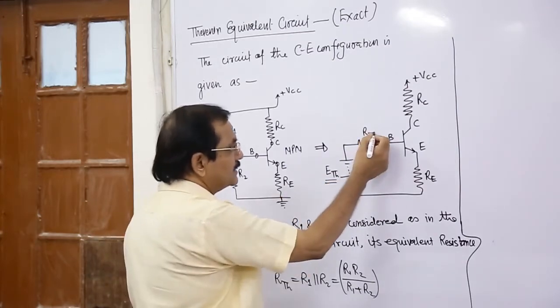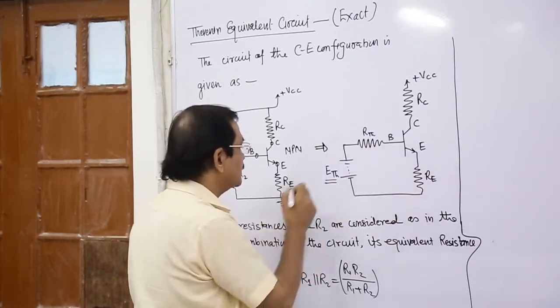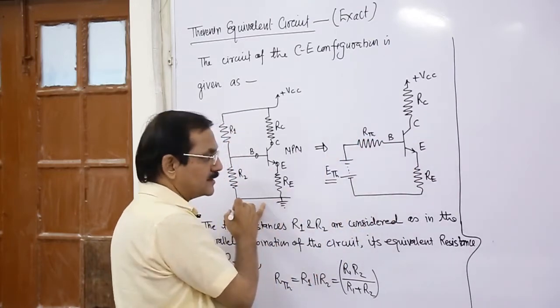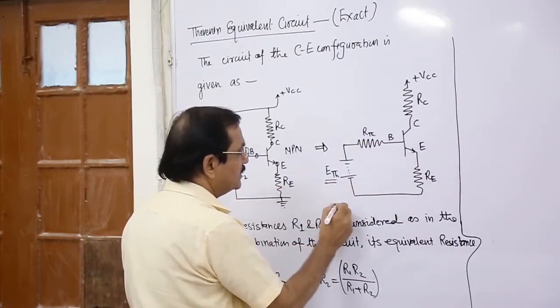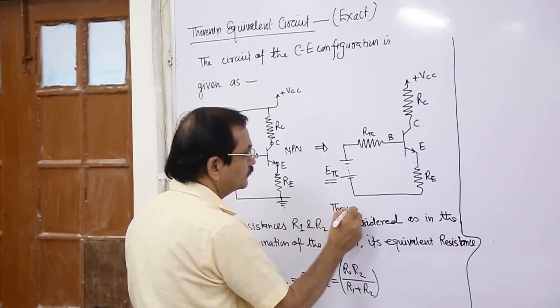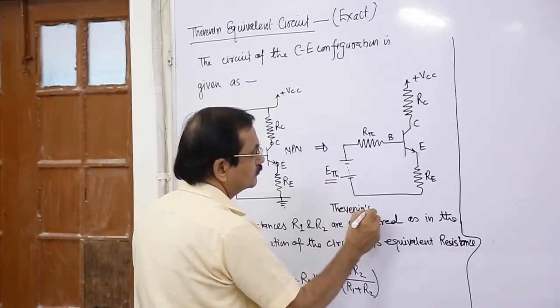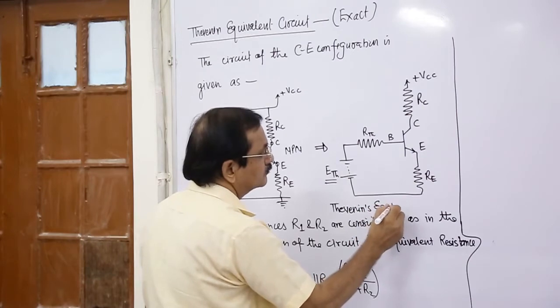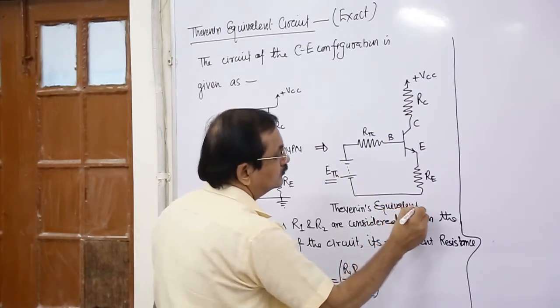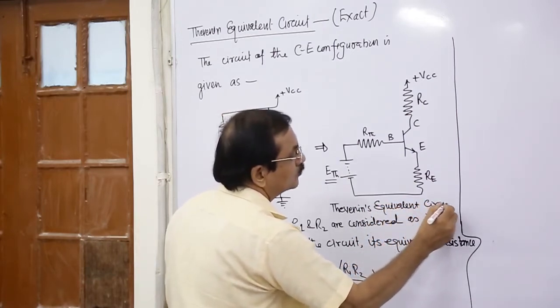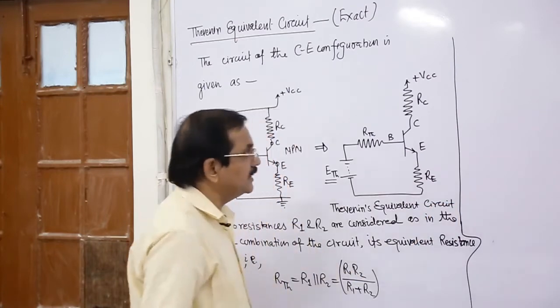So this circuit is converted into this one, that is Thevenin's equivalent circuit.